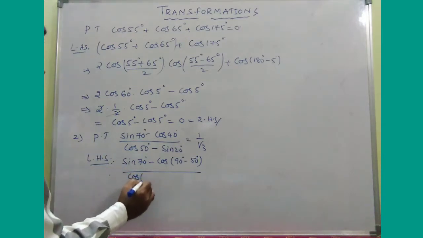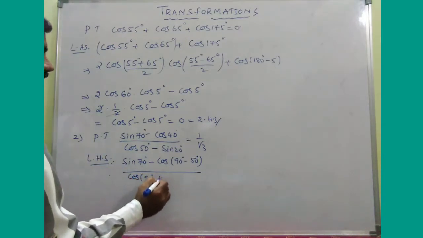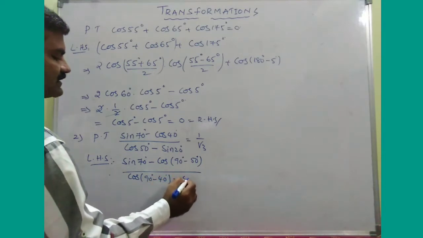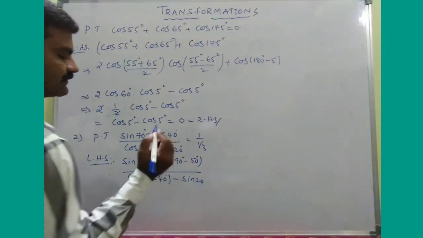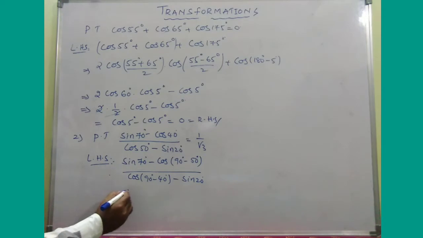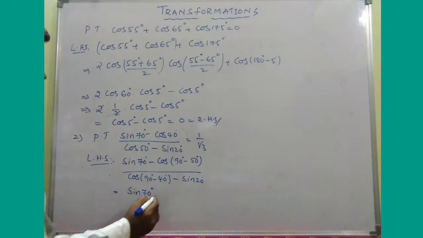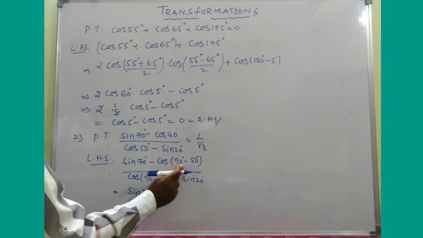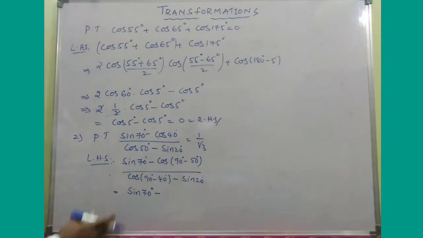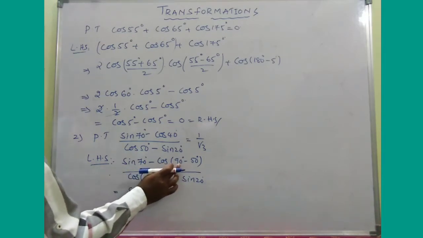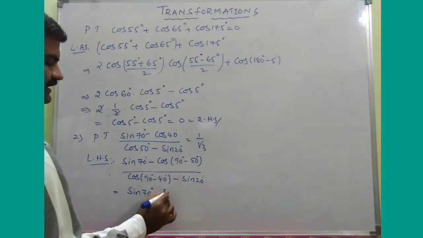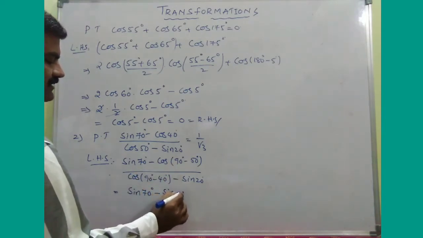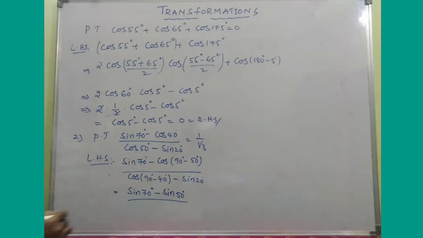Cos 50, I can write as 90 minus 40, and minus, let it be sin 20. Okay. So this is further sin 70 minus sin of (90 minus theta). Anyhow, first quadrant, all are positive. But because of 90, cos changes into sin. So it is sin 50, and here also this is sin 40 minus sin 20.